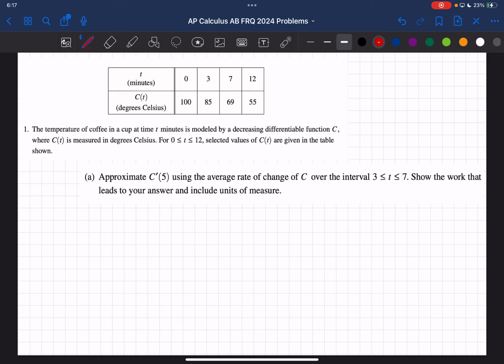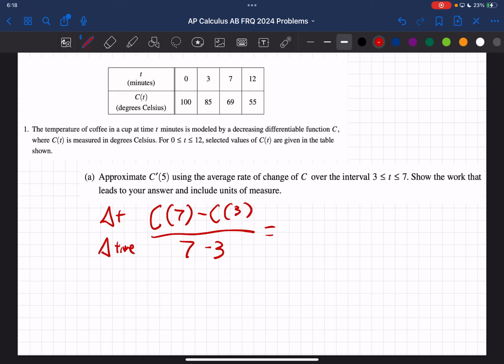So that tells us that we want to use c of 7 minus c of 3 all over 7 minus 3. So the numerator is going to give us the change in temperature, and the bottom is going to give us the change in time. So c of 7 is 69 degrees Celsius, and c of 3 is 85, over 4.